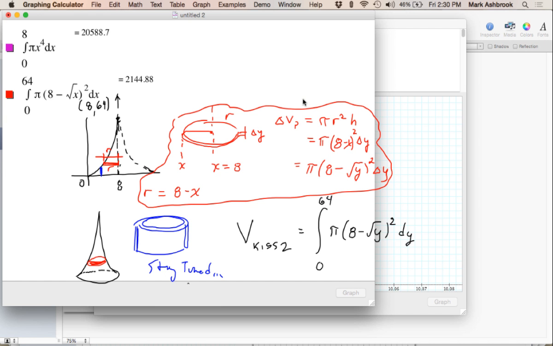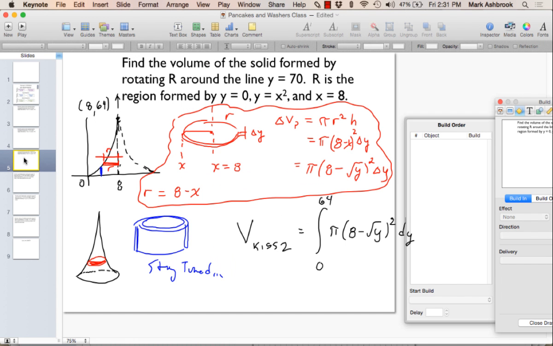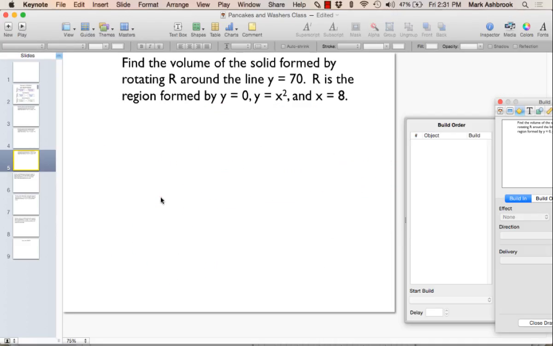Okay, you need to try one yourself. Let's see here. All right, so there's something different about this, but see how you do. So it's the same starting region again, but now I'm going to rotate about the line y equals 70. Y equals 70. So let's just figure out the geometry. See if you can come up with the volume yourself, like what the solid is like.